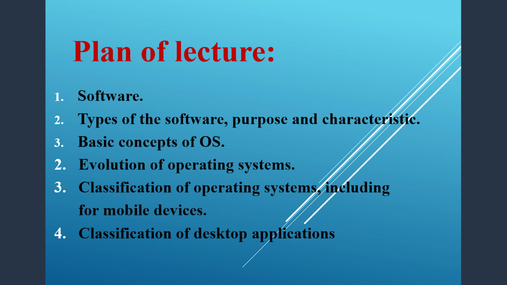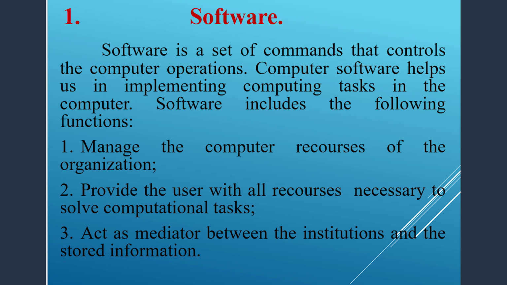First of all, I want to give the definition of the word software. What is software? Software is a set of commands that controls the computer operations. Computer software helps us in implementing computing tasks in the computer.